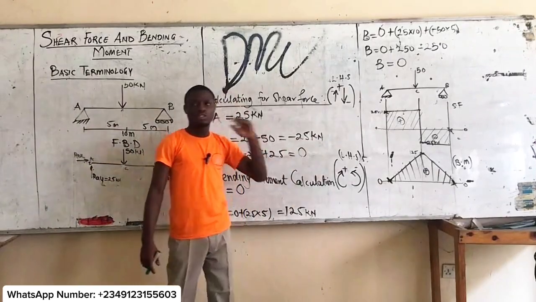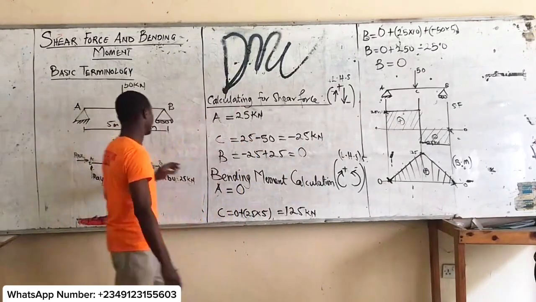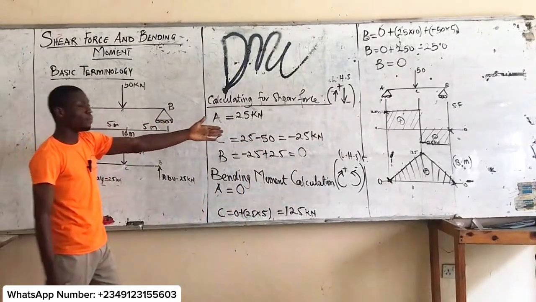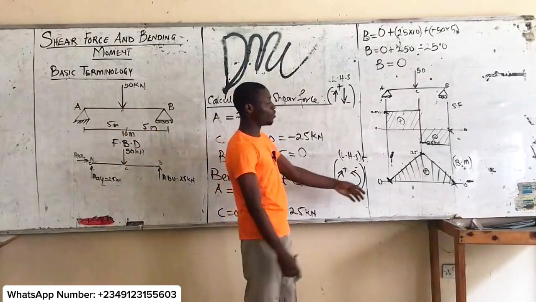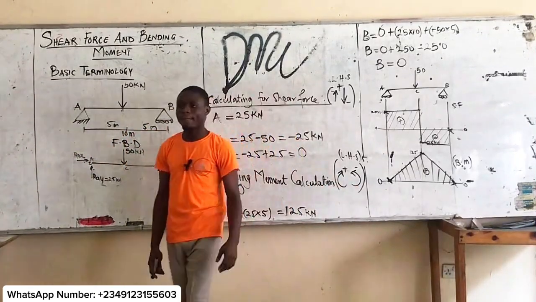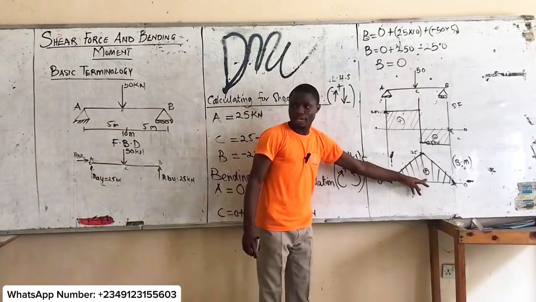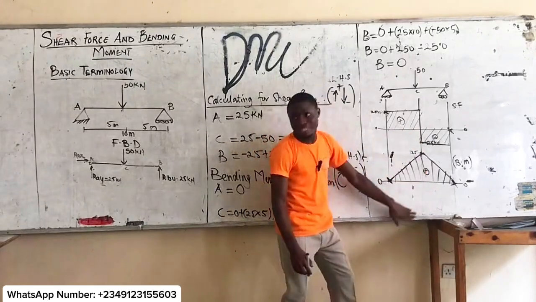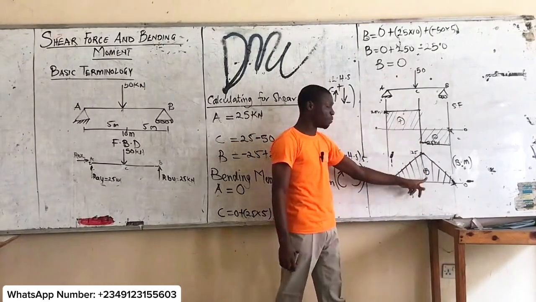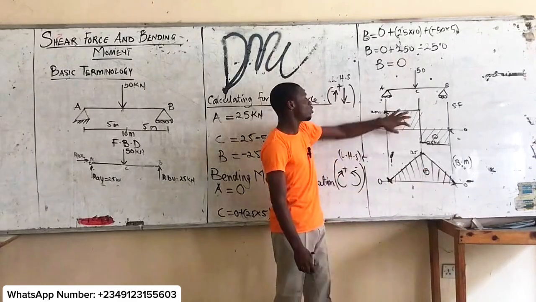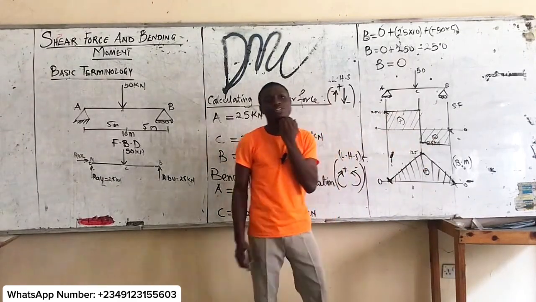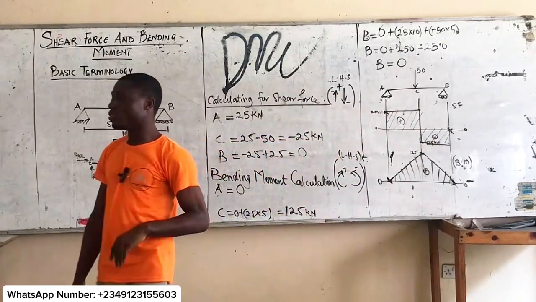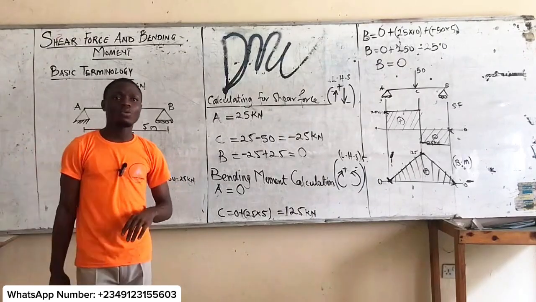So for this, that's my shear force and bending moment. The shear force has plus and negative down, but the bending moment is not coming down. It's just always up, like positive here. So I have this one positive and this one negative down. That's what it is.